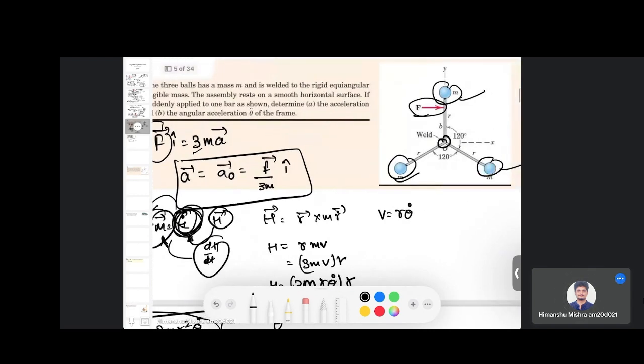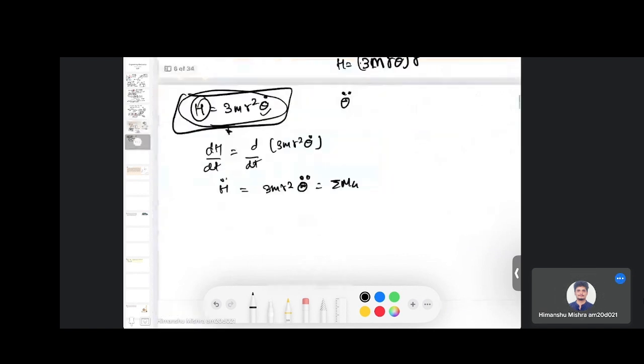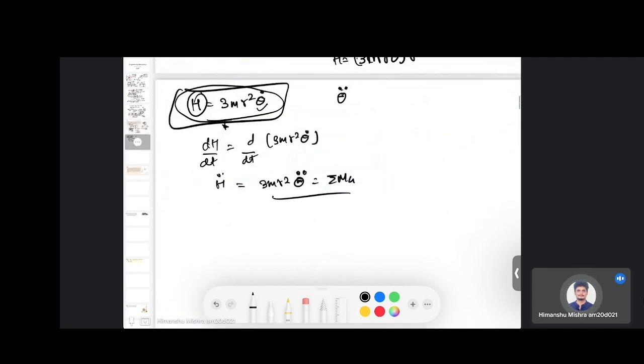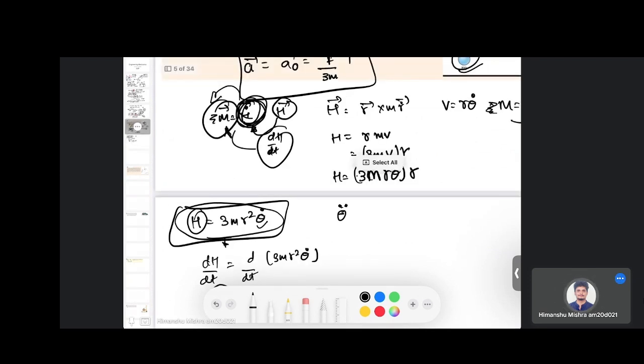You can see that only one force is acting, and therefore there will be a moment due to this force, and the perpendicular distance is b. So the moment will be Fb. The summation of moments will be Fb, because only one force is acting and it has a perpendicular distance b from point O. This quantity is equal to the rate of change of angular momentum, that we discussed briefly in the beginning of the class.